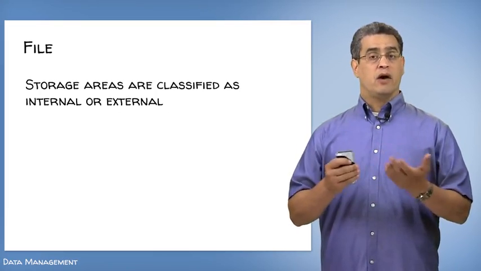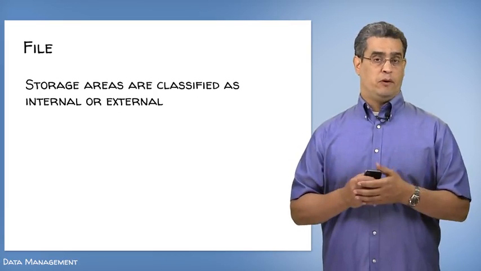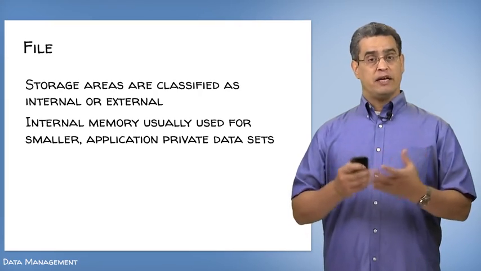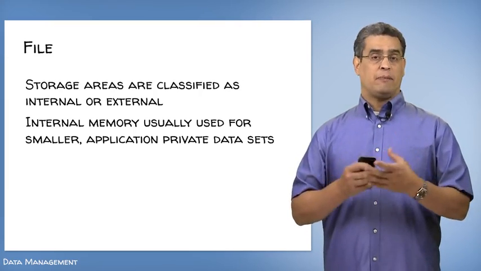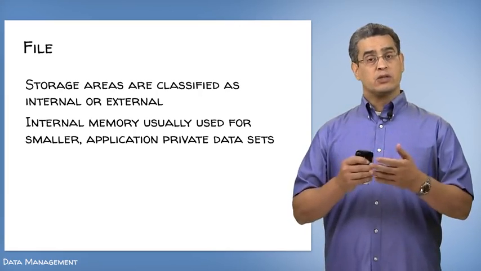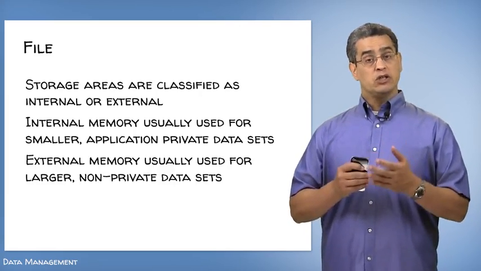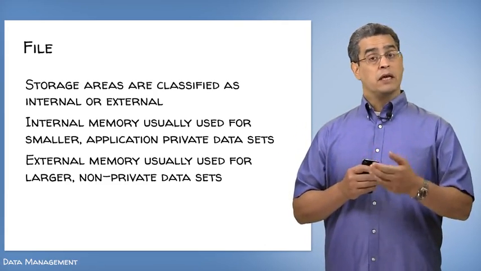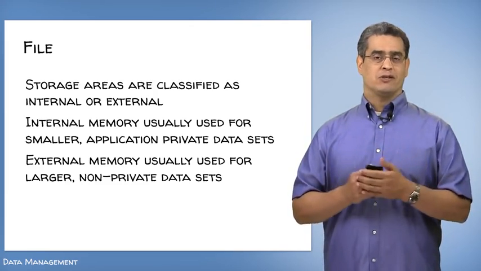Nowadays, however, not all external memory is removable. Internal memory is usually used for smaller data sets that are private to an application. External memory, in contrast, is usually reserved for larger, non-private data sets, things like music files and pictures.